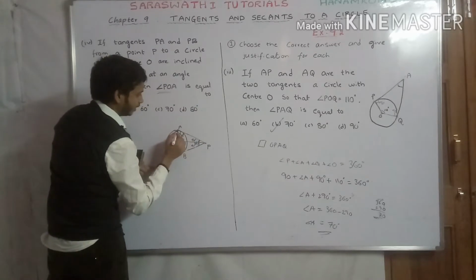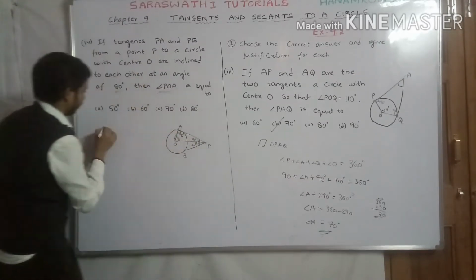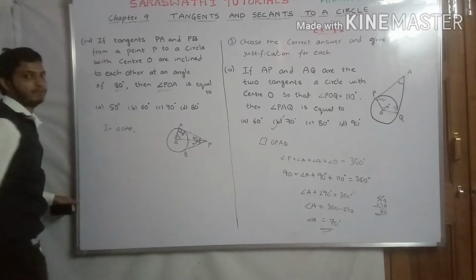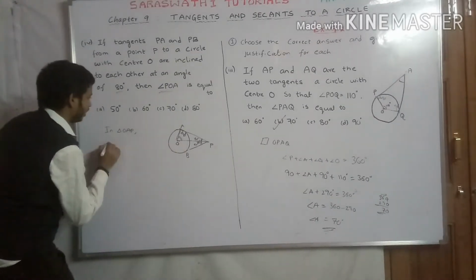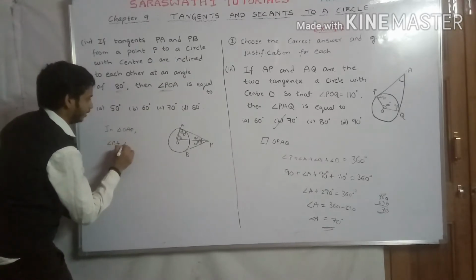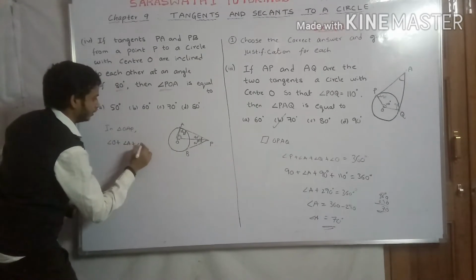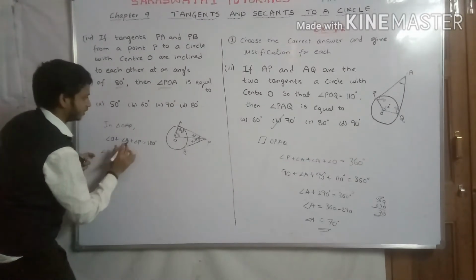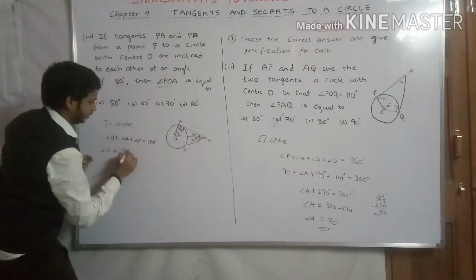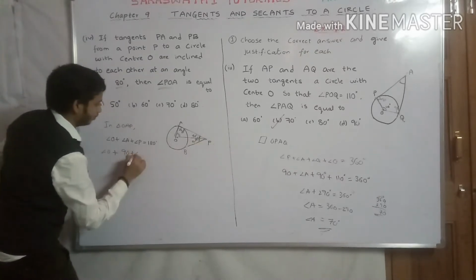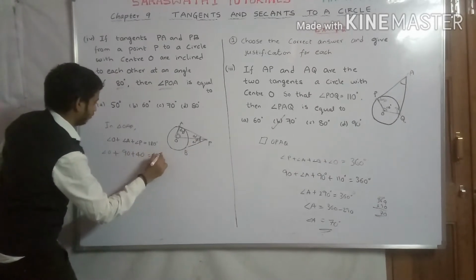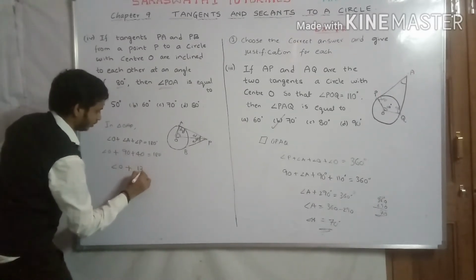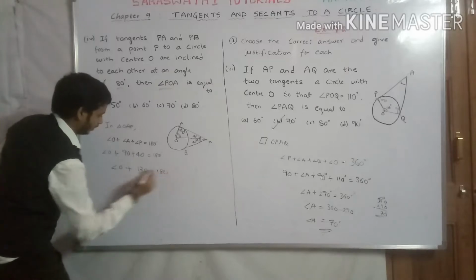Now in triangle OAP, we know that the sum of angles in a triangle is 180 degrees, that means angle O plus angle A plus angle P equal to 180 degrees. Angle A is 90 degrees, angle P is 40 degrees, so angle O plus 90 plus 40, which is 130, equals 180.